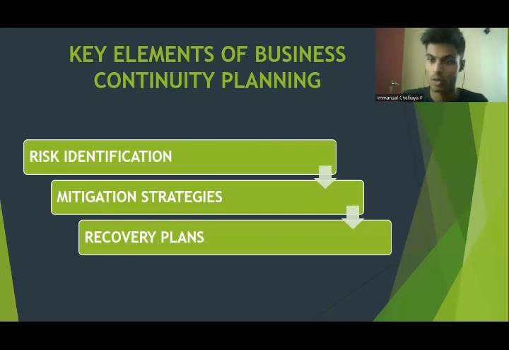An MOU could also be a recovery plan. The next could be communication protocols for stakeholders, or contingency sites and alternative work arrangements. If anything happens to this part of the building, where can we shift, or in which department can we collaborate and work? That is one part of recovery plans.